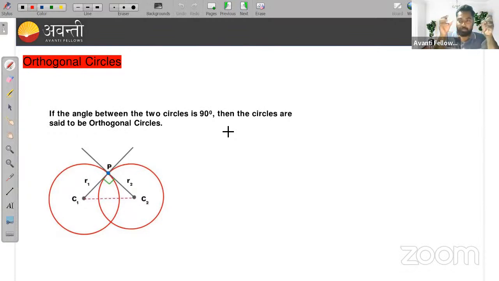The angle between the two circles means actually the angle between the tangents of both the circles. If that is 90 degrees, then we can say both the circles are orthogonal to each other. Okay, this is the case of orthogonal circles.